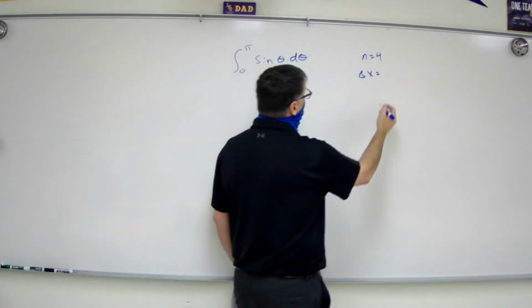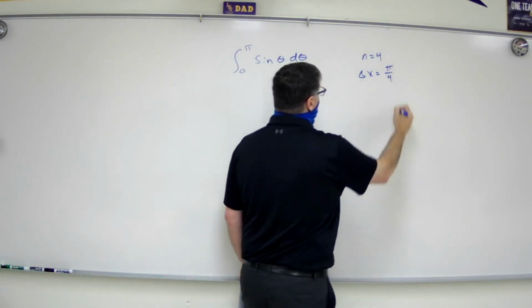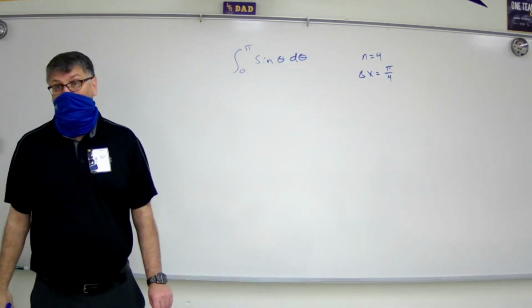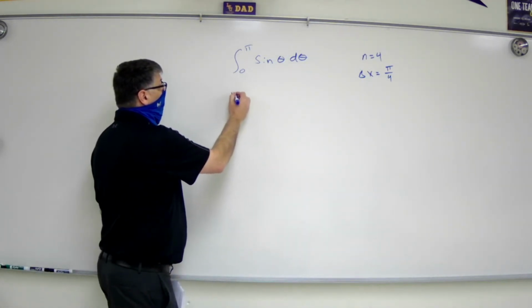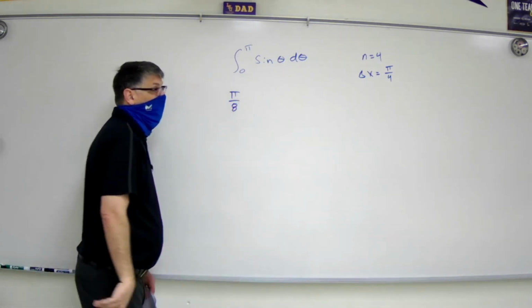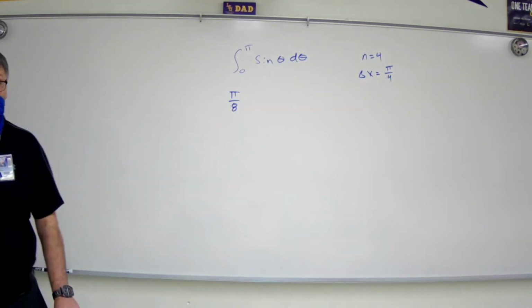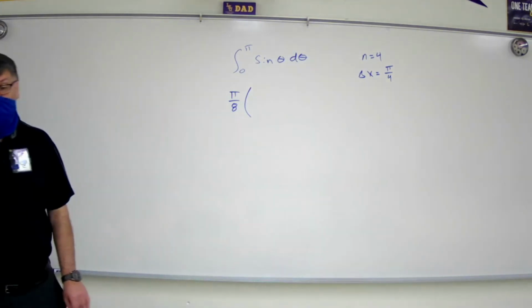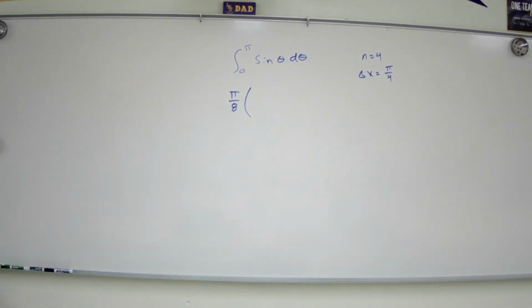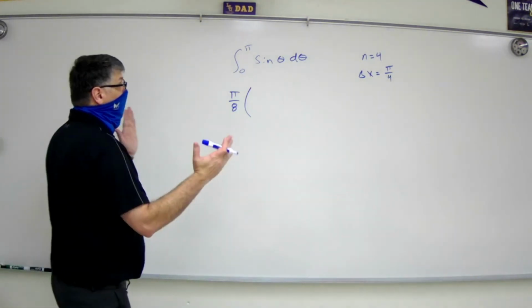Pi over 4. If I'm doing the trapezoid, what do I need to put in the denominator? So I'm going to have pi over 8. You all agree? And I'm going to start at 0, and my delta x is pi over 4.